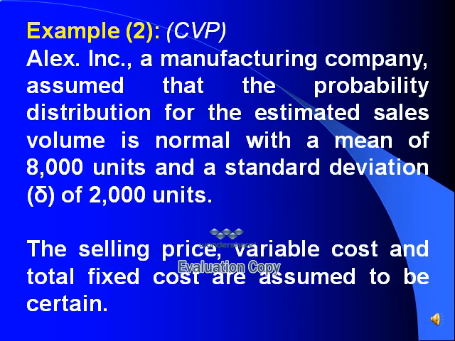Example 2. Alex Institution, a manufacturing company, assumed that the probability distribution for the estimated sales volume is normal with a mean of 8,000 units and a standard deviation sigma of 2,000 units. The selling price, variable cost, and the total fixed cost are assumed to be certain.